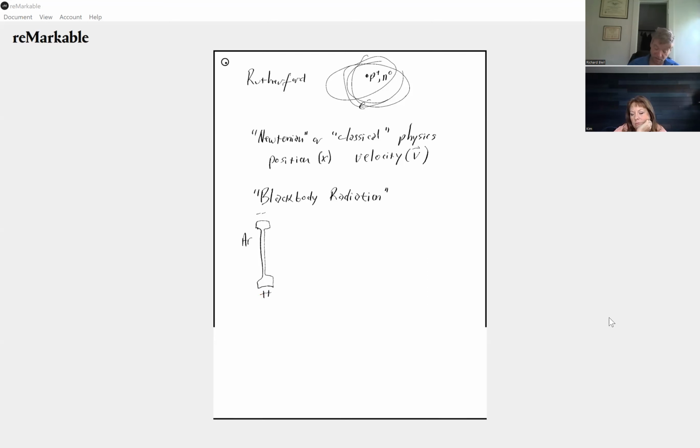This is something that physicists could not explain. Run this through a lens system, which I always denote like this, to get a nice narrow beam of light. And then run it through a monochromator. A monochromator will separate out the various colors of light into their individual colors. This is sometimes called a prism.